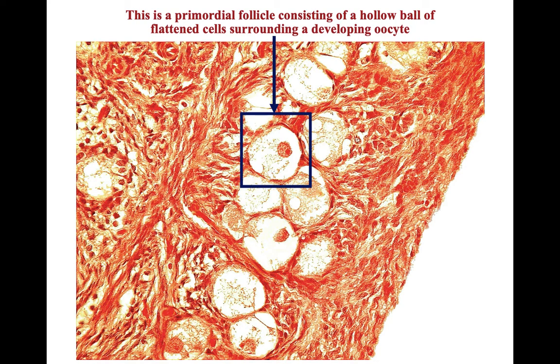As you're getting older, some of these follicles will develop and get released, and so the number is going to diminish this way. But even beyond that, the number will diminish with age, because those follicles will start to disintegrate the older you are.